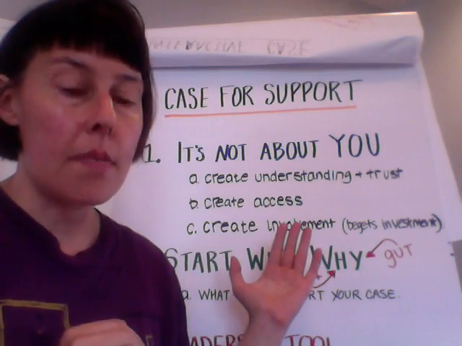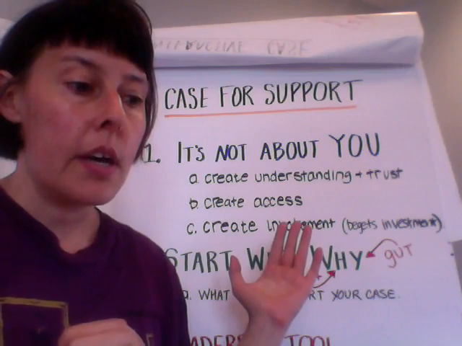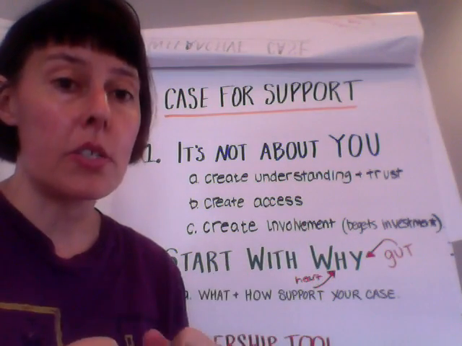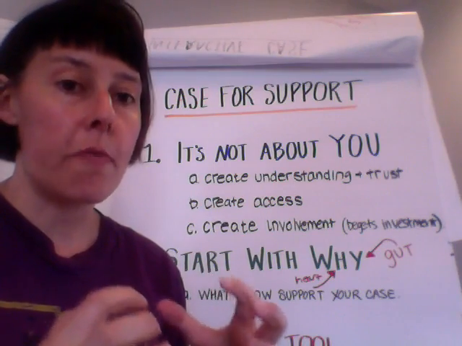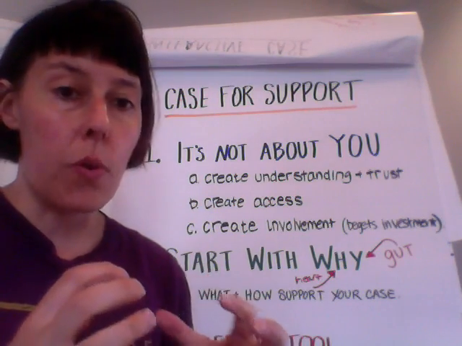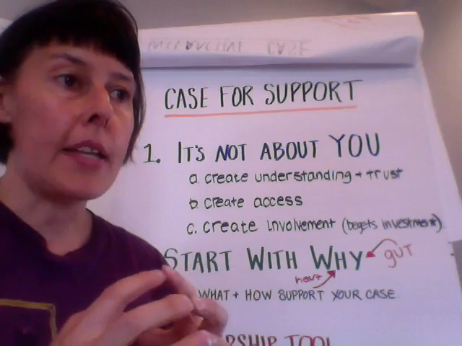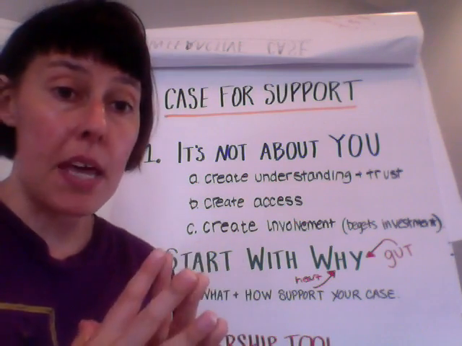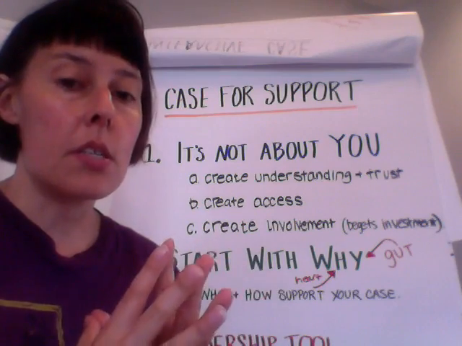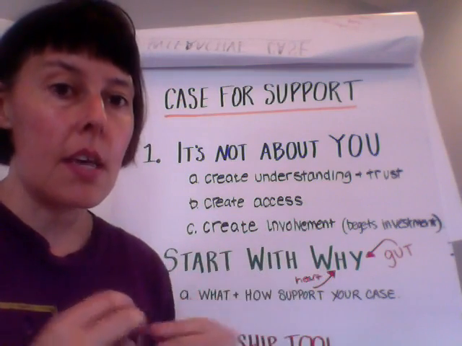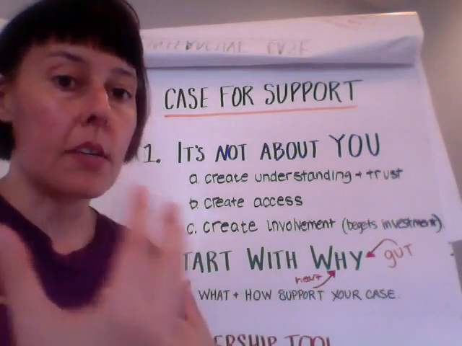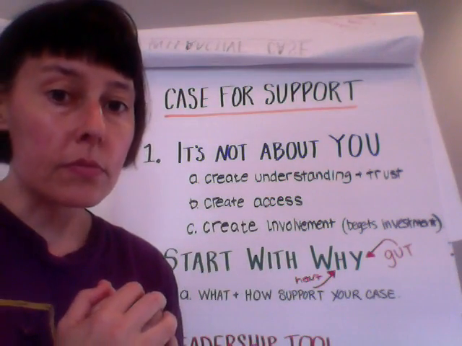So a lot of times you will find that many case for supports or one pagers just have so much information that people just don't know where to start. And in this particular case for support, there's a lot of white space, there are some images, so it creates access because people can be sparked by something and ask a question around it.